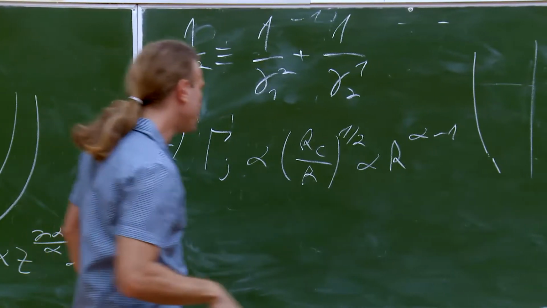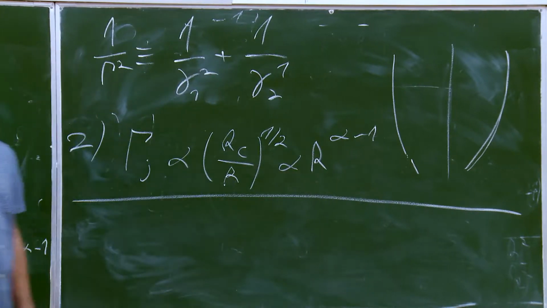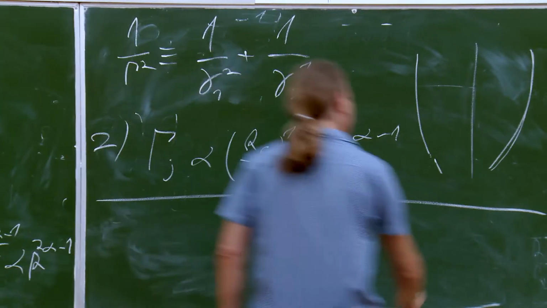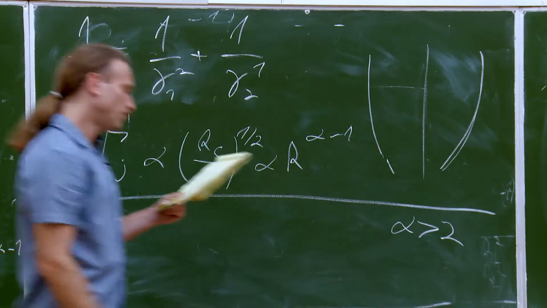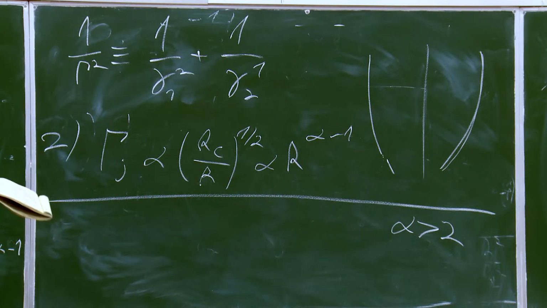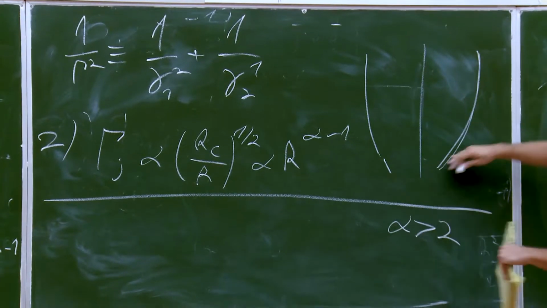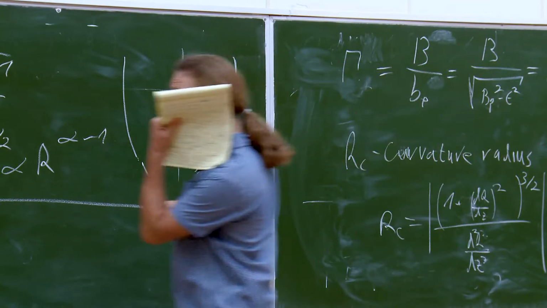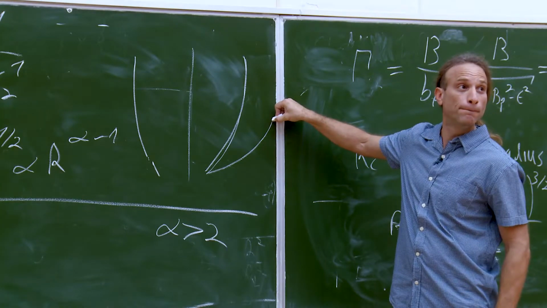So what does it mean? Alpha is a general parameter, so you can have different values. Okay? So when alpha is larger than 2, these are jets that are open shallower than a parabola.